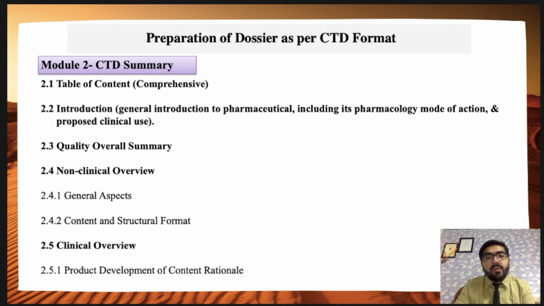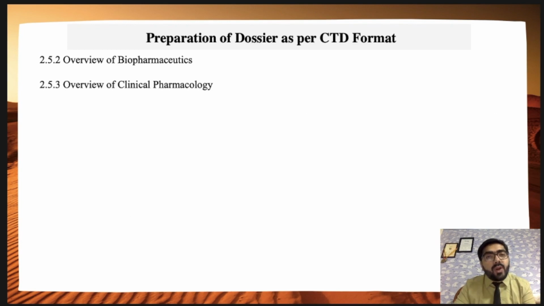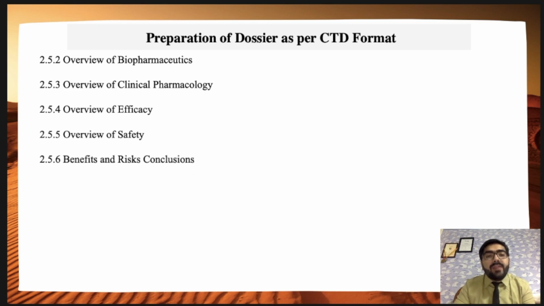Under clinical overview, we have to submit the product development rationale, like what is the rationale behind the product development, right? Then overview of biopharmaceutics is also submitted in this section, overview of clinical pharmacology, overview of efficacy, overview of safety, and then benefits and risk conclusions, then literature and references.